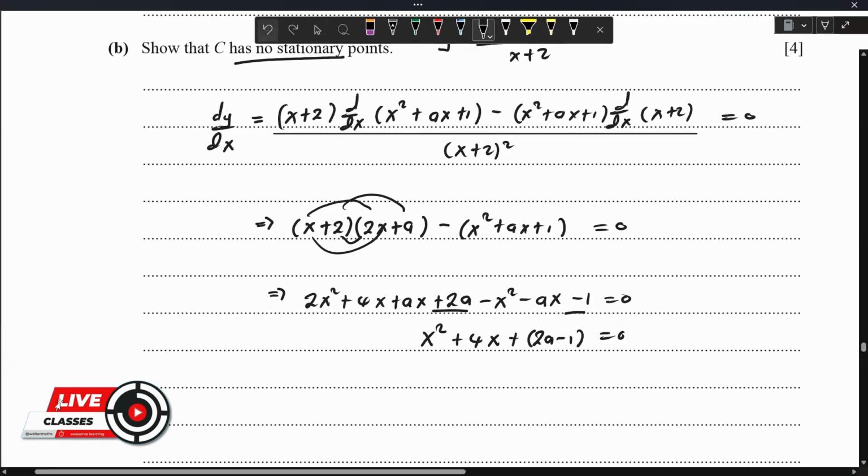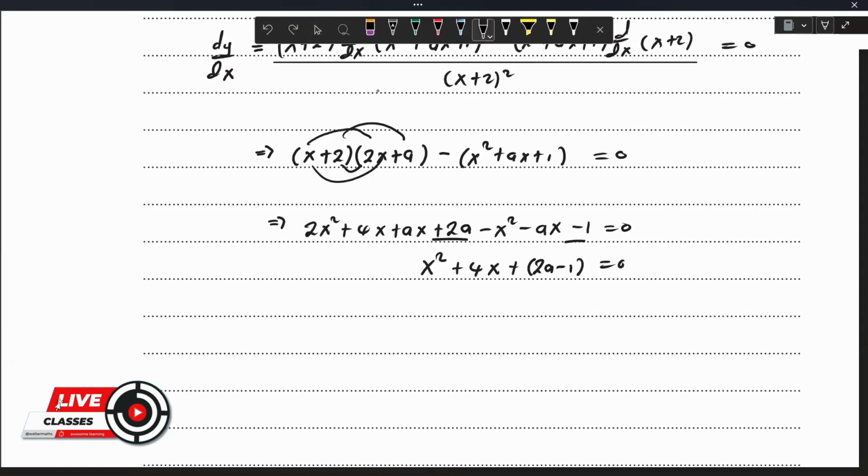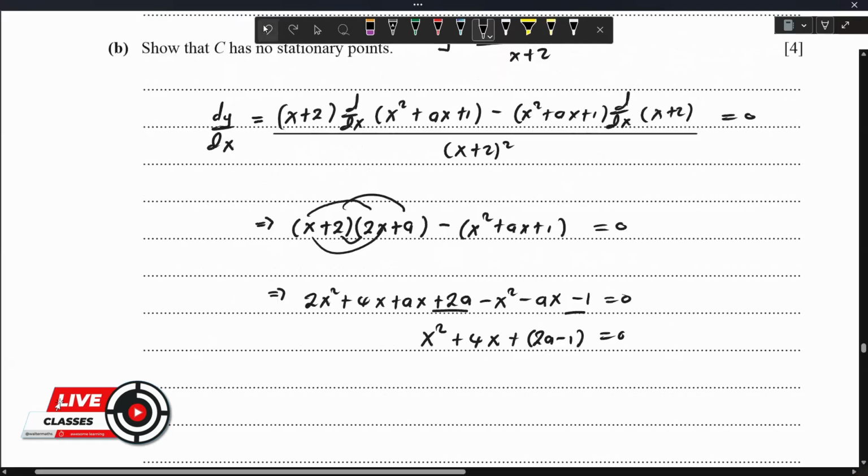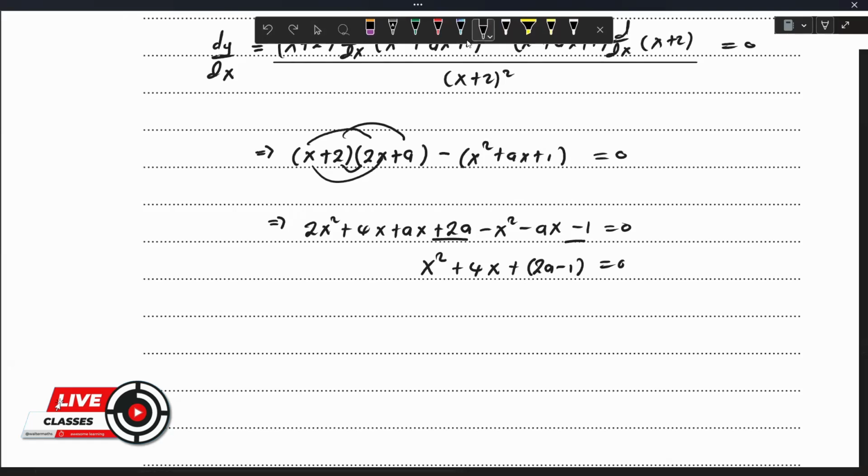So let's test. We're going to use the discriminant. For b squared minus 4ac, for what we have, we know that a is 1, b is 4, and c, the constant, is 2a minus 1.